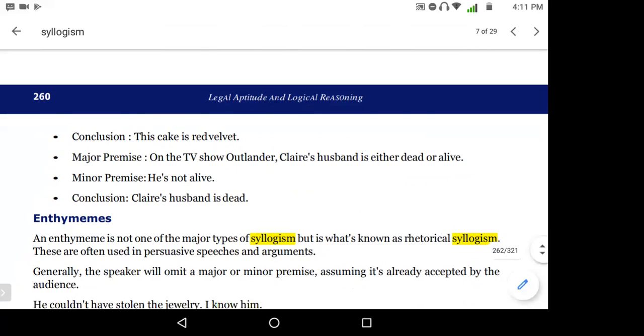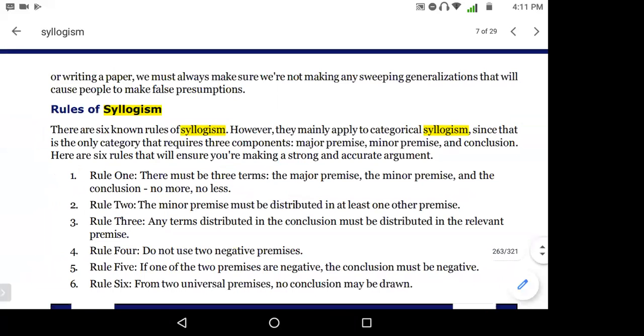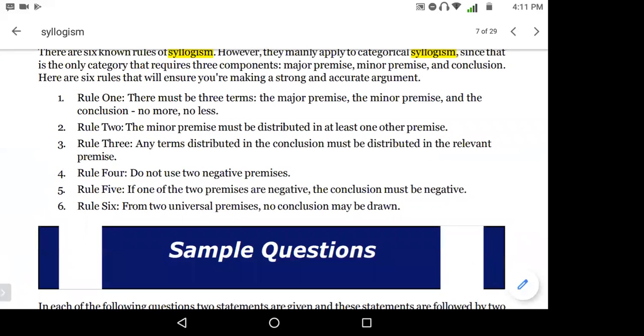So if one of the premises is negative, the conclusion will also be negative. Then from two universal premises, no conclusion may be drawn. If you only give information, you cannot draw the conclusion. So these are the 6 rules of syllogism.